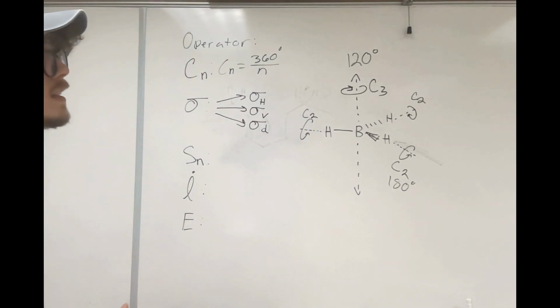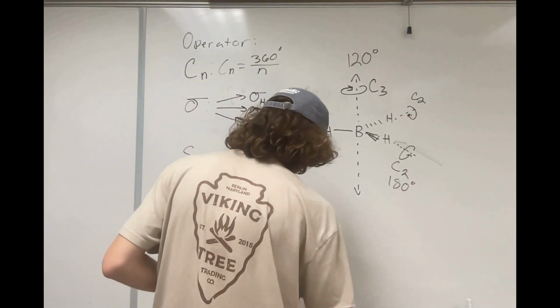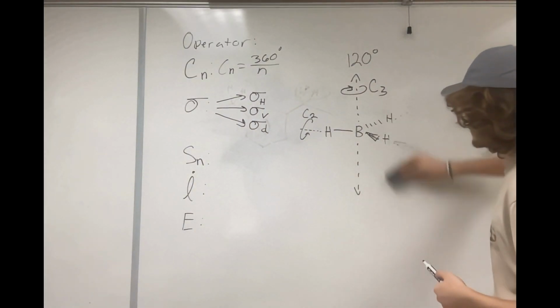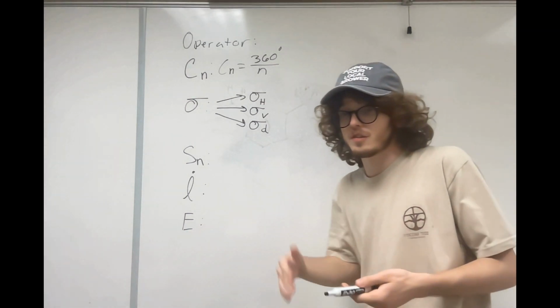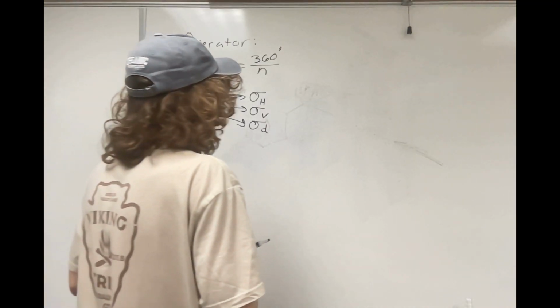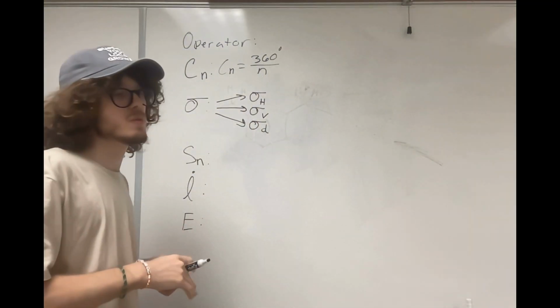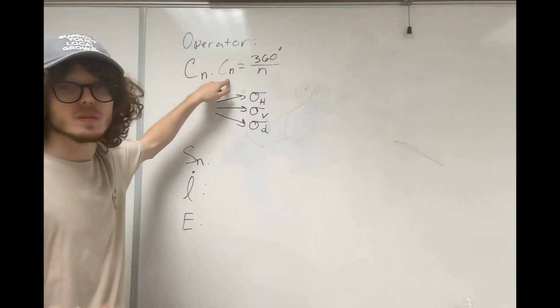Now I want to get into the sigma operators, and they can be a little daunting to realize and memorize in general because there's 3 of them. But we need to define that principal axis. Wherever Cn is the highest, that's the principal axis.